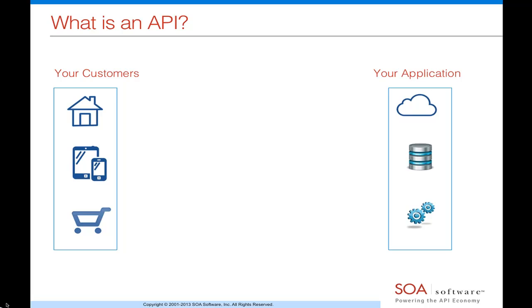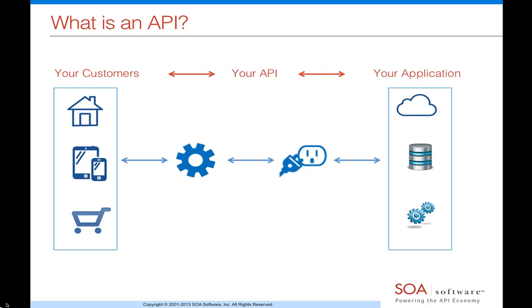They're accessing from desktops and web browsers, but more and more through mobile phones, the Internet of Things, connected devices, cars, homes, or e-commerce sites or locations. So how do you as an enterprise make your applications and services available in a programmatic fashion to these devices and finally to your customer?